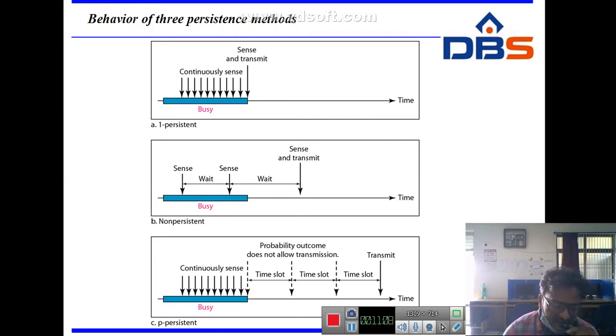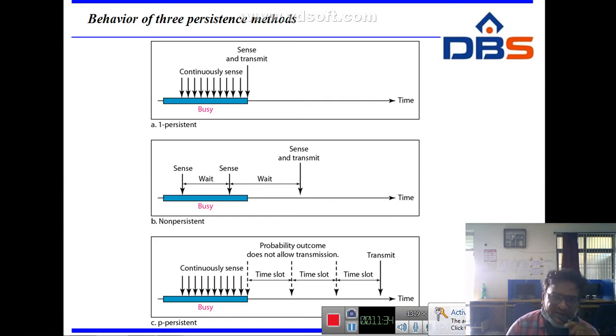The one-persistent method is simple and straightforward. In this method, after the station finds the line idle, it sends its frame immediately with probability 1. This method has the highest chance of collision because two or more stations may find the line idle and send their frames immediately.